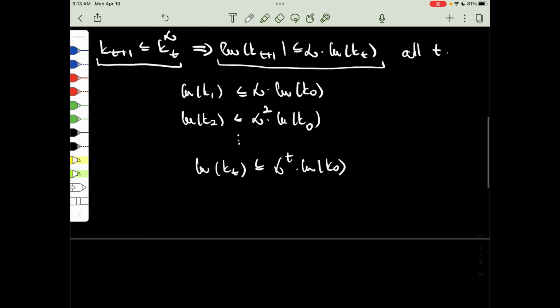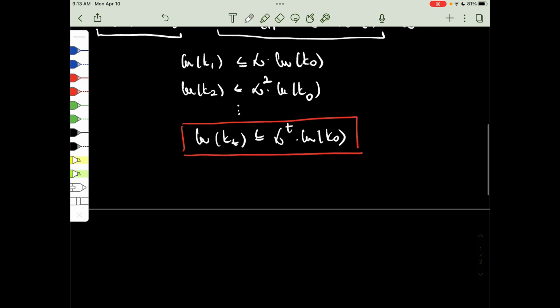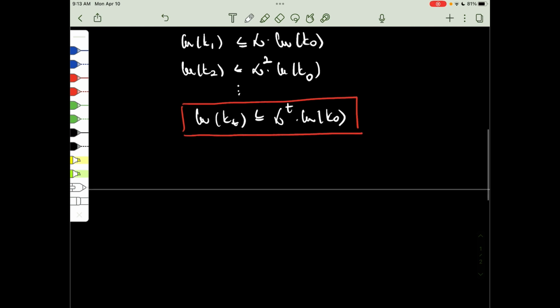So by using this inequality or upper threshold for the capital stock in period t, we can find a bound for the one period return function at any t.